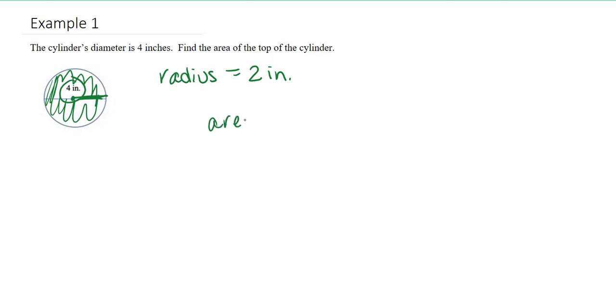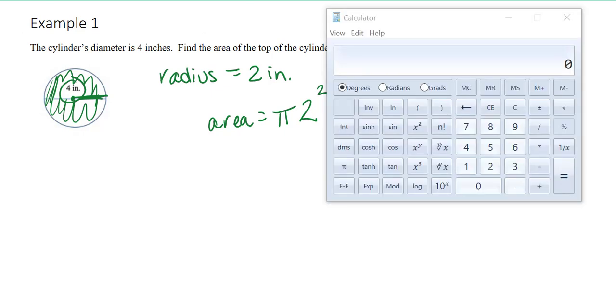So for our area, we're going to go pi, and then 2 squared. This 2 comes from the radius, and it's squared because we square the radius. So let's get our calculators out.